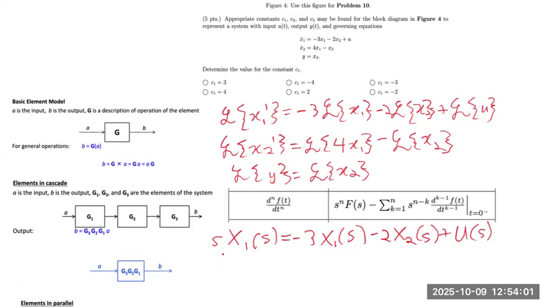And Laplace of x2 prime is equal to s x2(s), and this is equal to 4x1(s) minus x2(s).